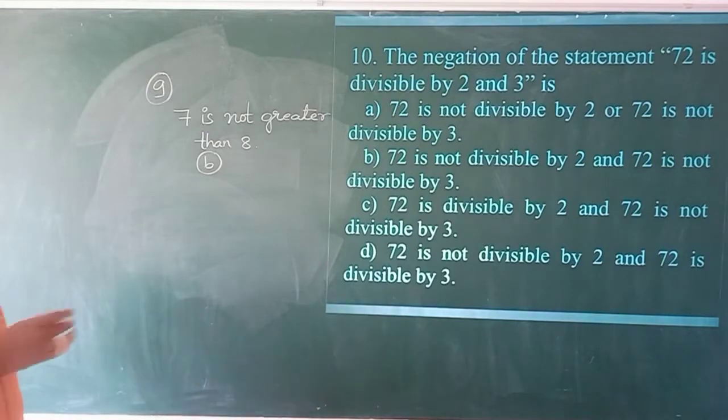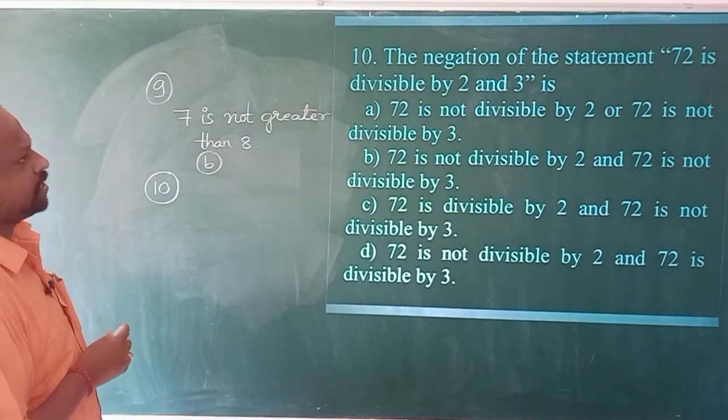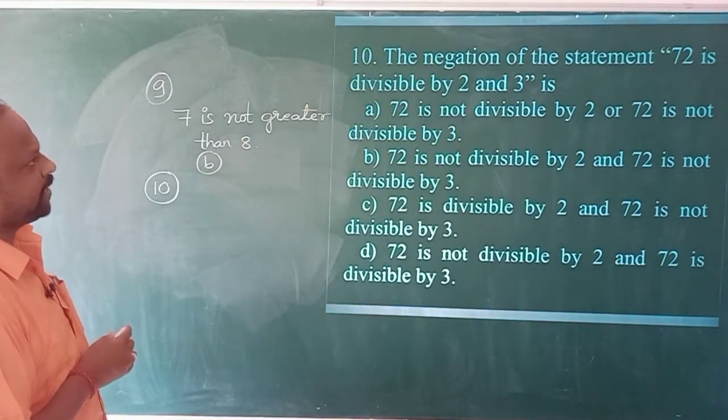10th one. The negation of the statement, 72 is divisible by 2 and 3.